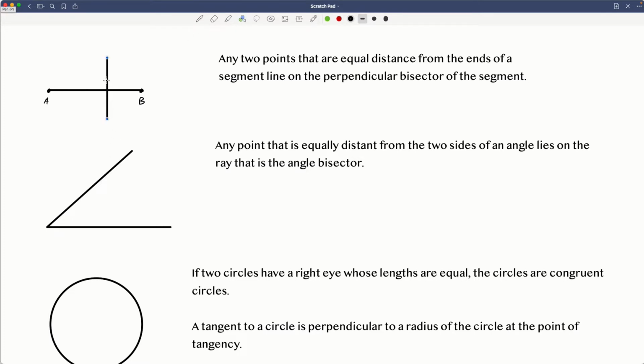Let me make it a little bit more centered. There we go. So any 2 points that are equidistant from the ends of a segment lie on the perpendicular bisector of the segment.